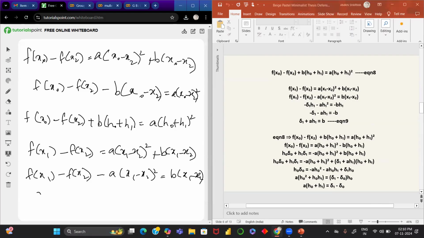Cancelling the terms of x1, we get b = delta1 + a h1. This is the ninth equation.